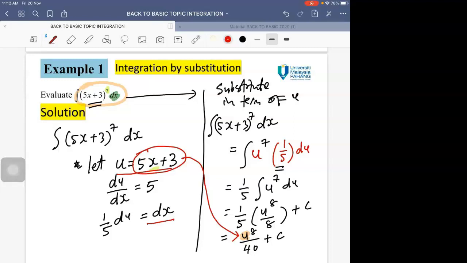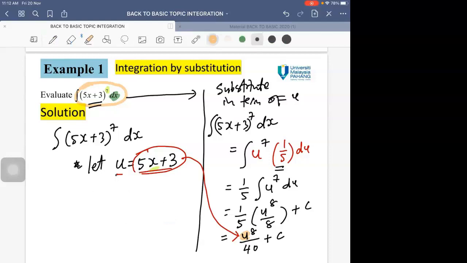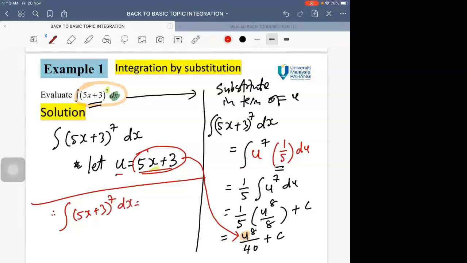This means our final solution, the original problem being the integral of 5x plus 3 power 7 dx, should be 5x plus 3 power 8 over 40 plus C. So this should be your solution.